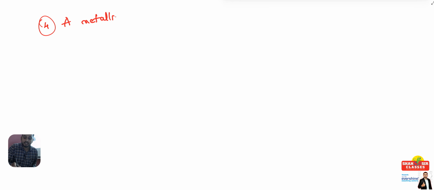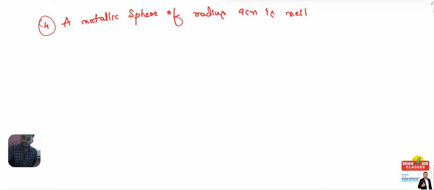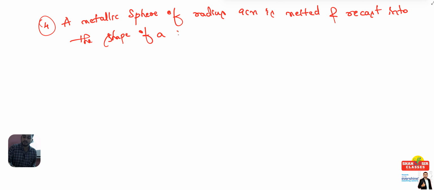A metallic sphere of radius 9 centimeter is melted and recast into the shape of a cylinder of radius 6 centimeter.